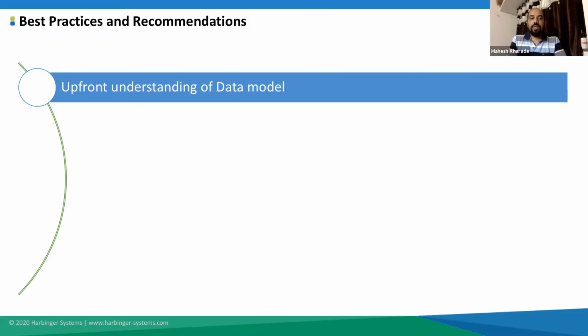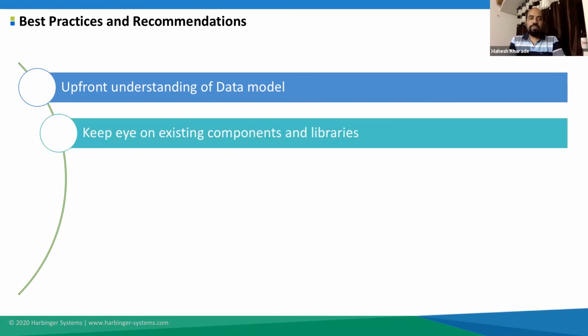And that's where, before designing the integration, make sure that you have looked at all the possible data objects and then picked the right ones, and then go from there.